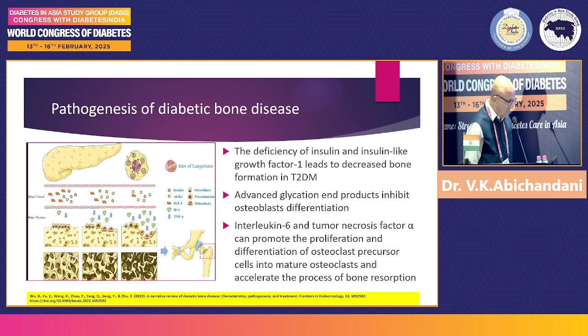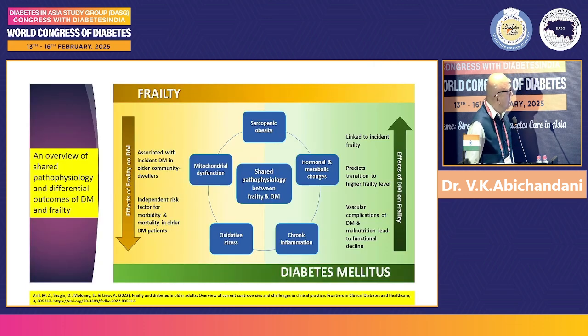the bone resorption process. So it has been alluded to by Professor Punit sir, frailty and diabetes mellitus go in tandem as we encounter elderly diabetic persons. So what are the shared pathophysiological mechanisms between the two?